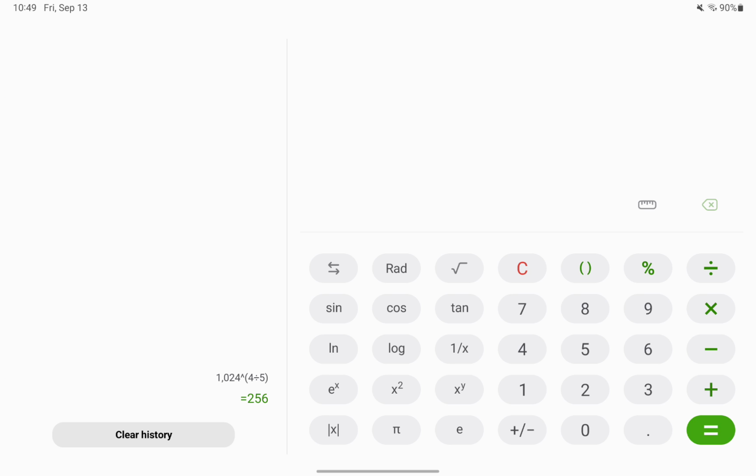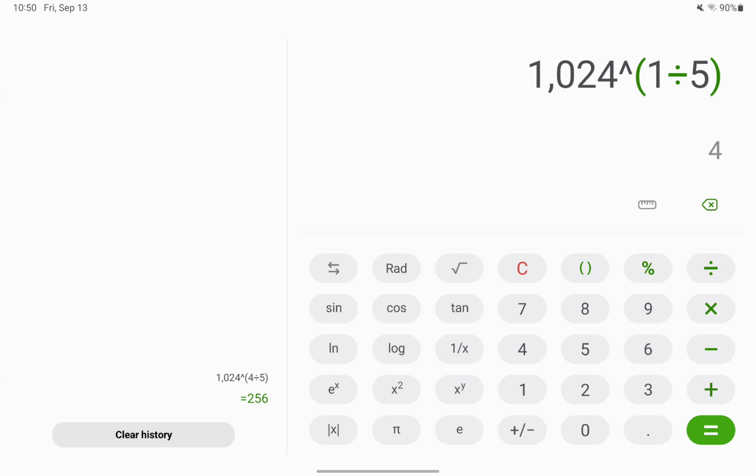If you don't have that x to the y power, well, actually, to do this with a calculator, you'll have to have that x to the y power. The other way to do it would be to type in the 1024 and first raise it to the 1/5 power.